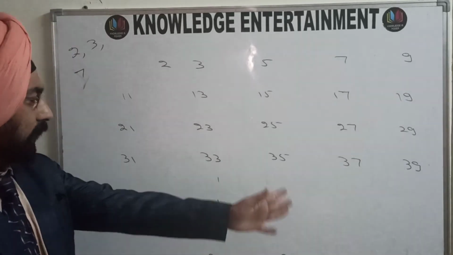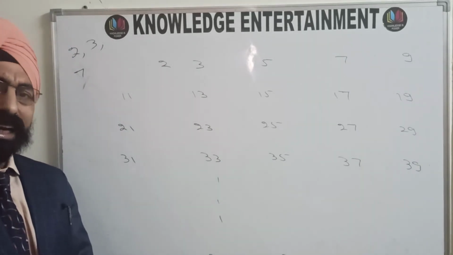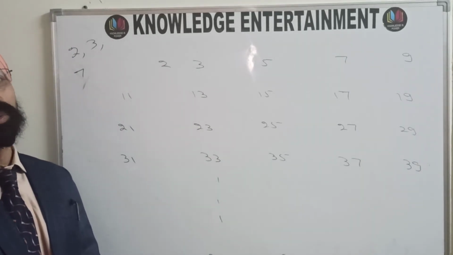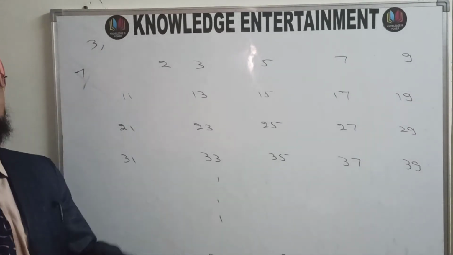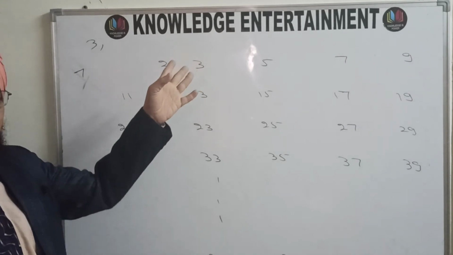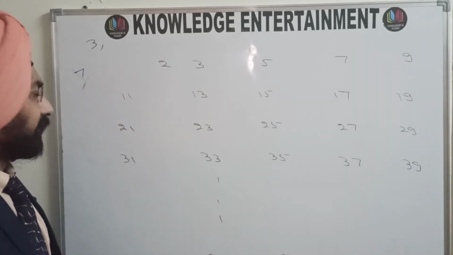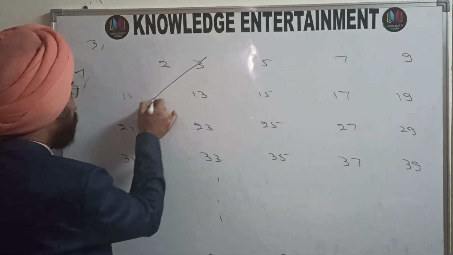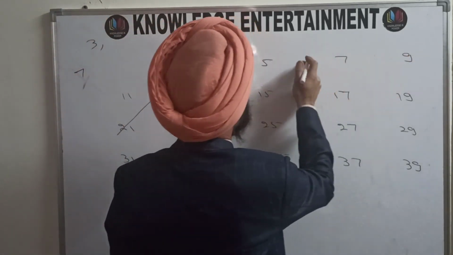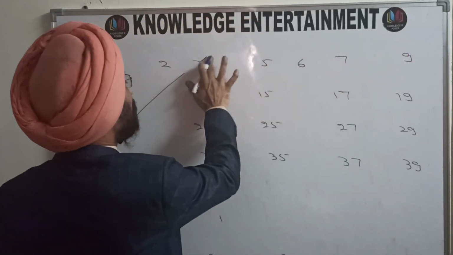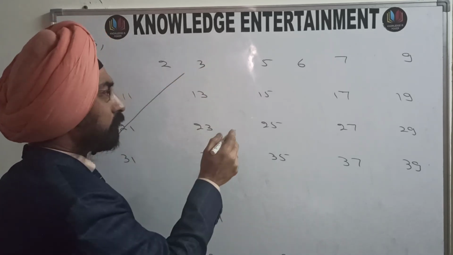So now you are left with these numbers, and now you have to remove the multiples of 3, and multiples of 3 lie along diagonals. These are the multiples of 3: 6, 9, and then 18. 3 you do not delete, you keep 3.